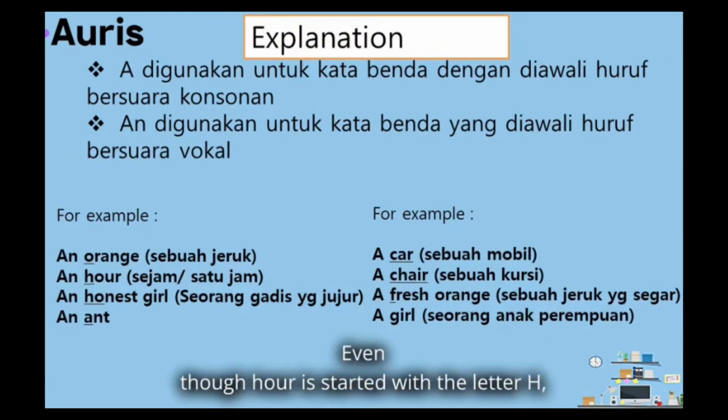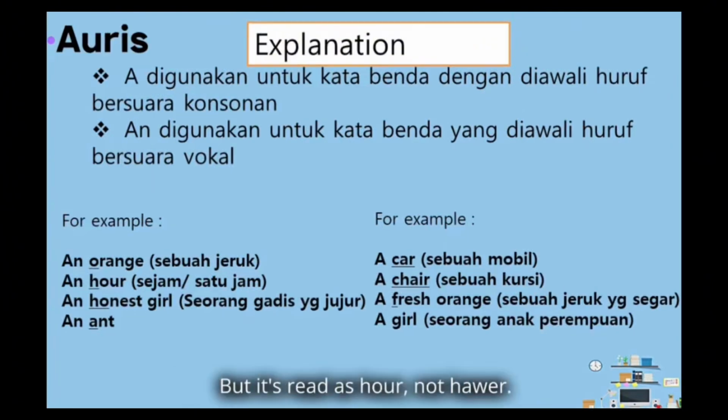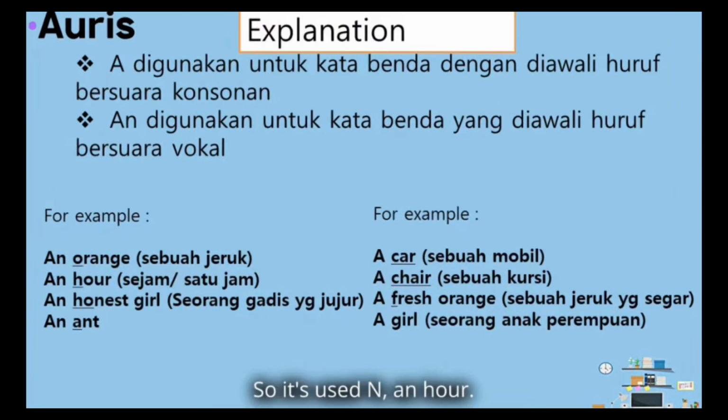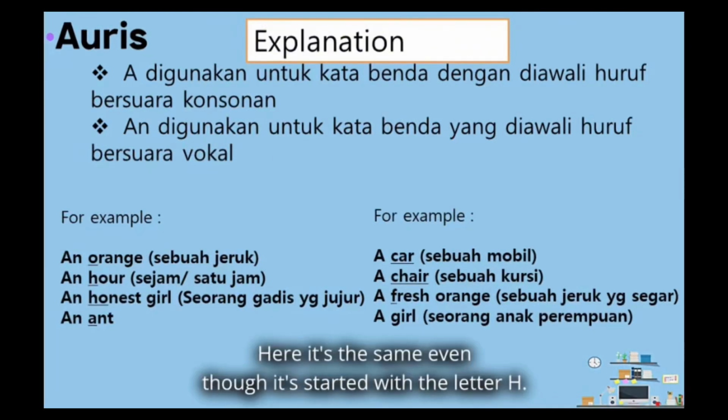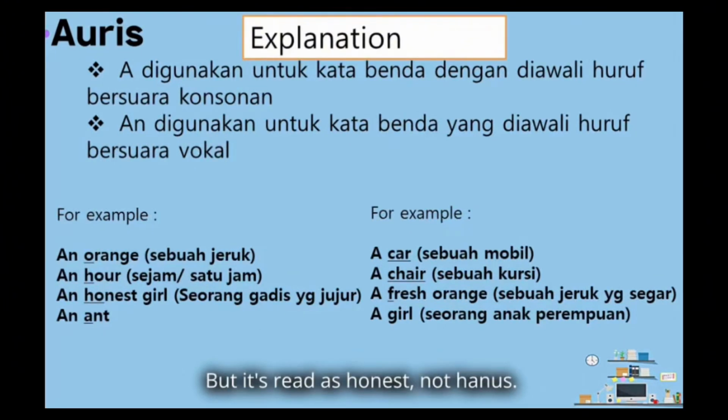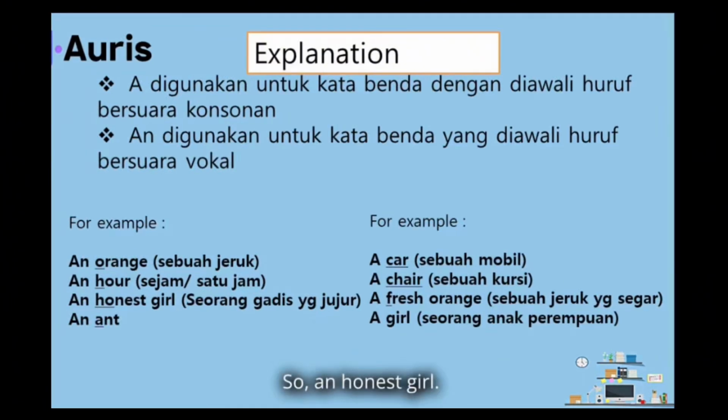Even though hour starts with the letter H, it is read as hour, not how-er. So it uses an hour. Next, an honest girl. Even though it starts with the letter H, it is read as honest, not honest with an H sound. So, an honest girl.